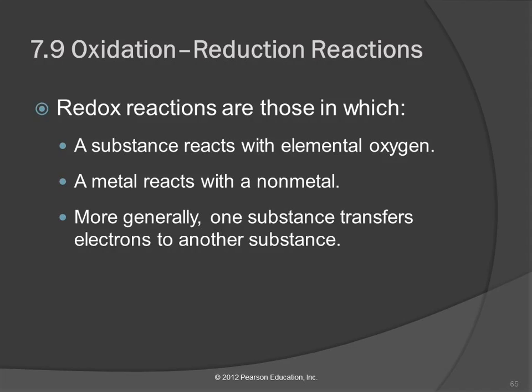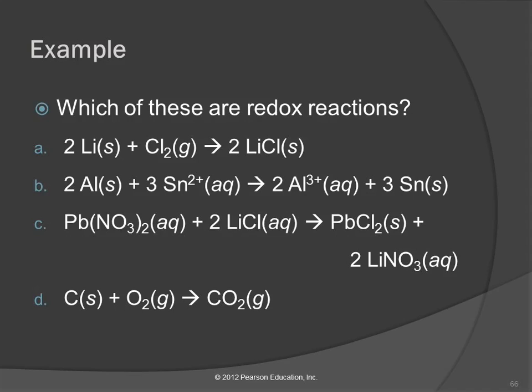The more general definition is just one substance transferring electrons to another substance. We will not be able to recognize all of them in this class, but these are the ones we're going to be able to identify. This encompasses more, and if you take Chem 1A, we'll teach you a lot more about that.